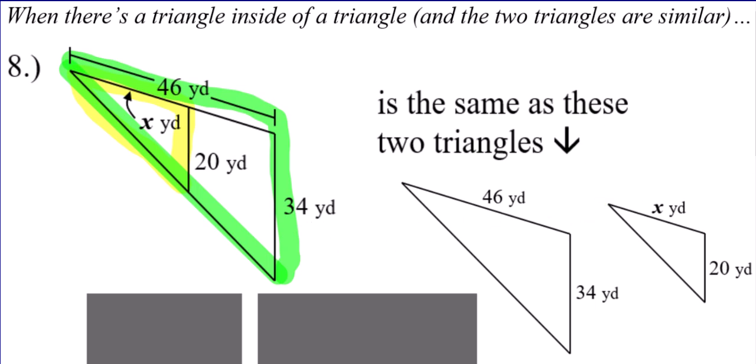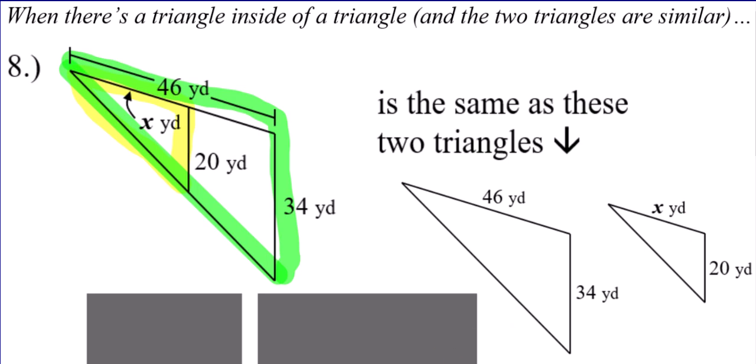So you could actually draw those as two separate triangles. The large triangle had sides 46 and 34, and the smaller triangle had sides of x and 20. And redrawing it can definitely help you to see what sides correspond to what.